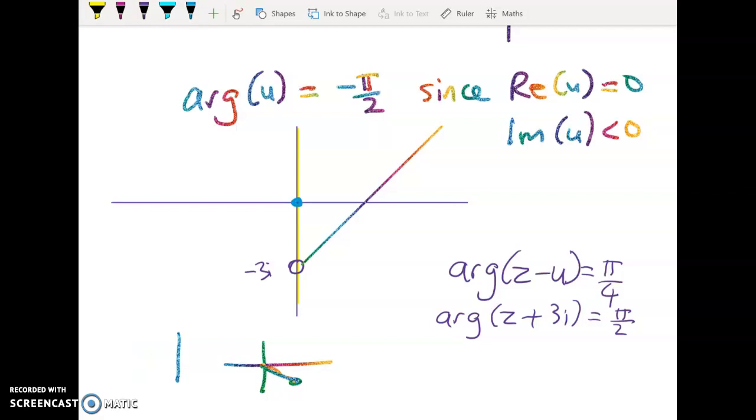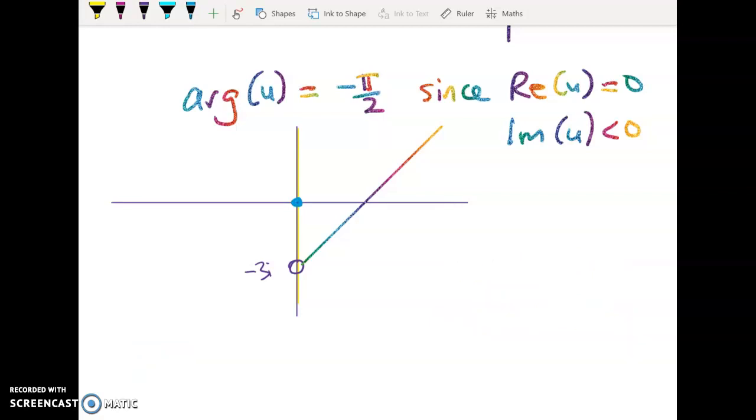So let's just give ourselves a little bit of space here. We can write the equation of that locus as this. So y is equal to x minus 3, right? It's x minus 3 because the y-intercept is at negative 3i and the argument is pi on 4.